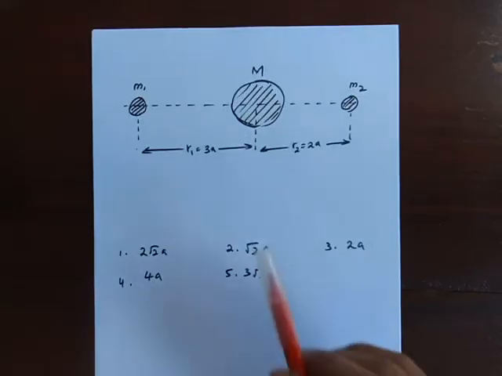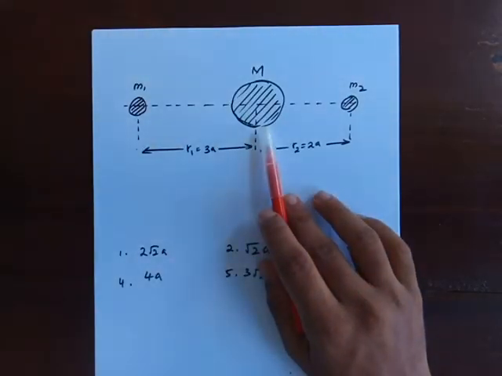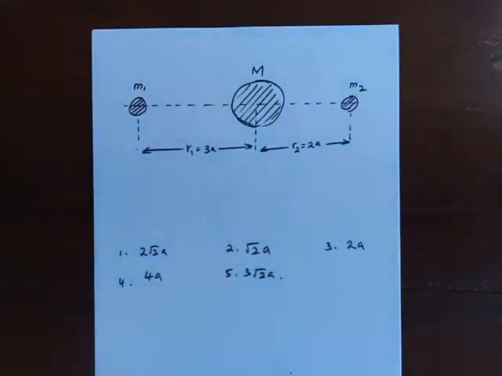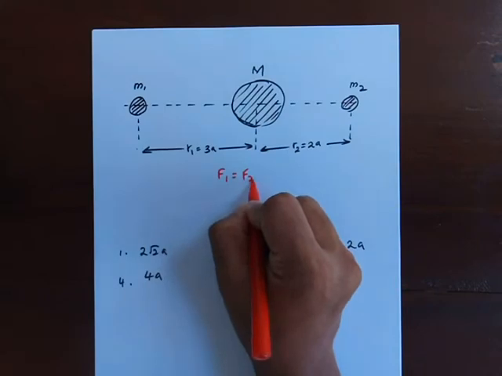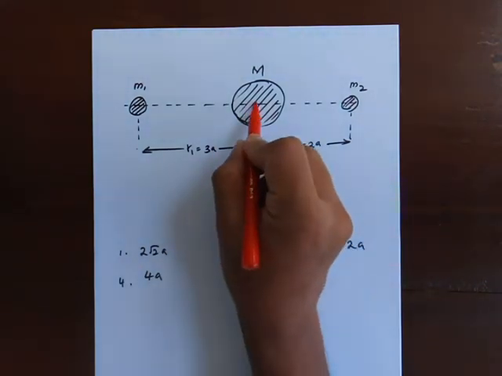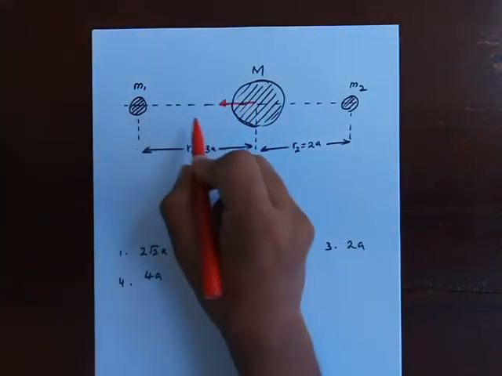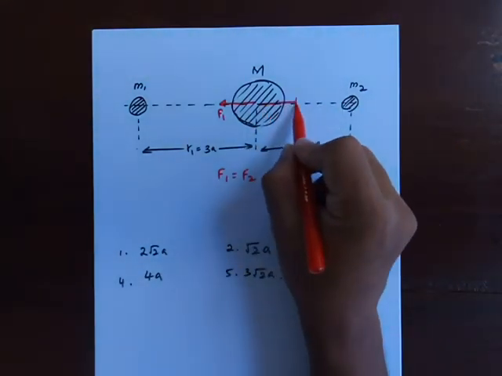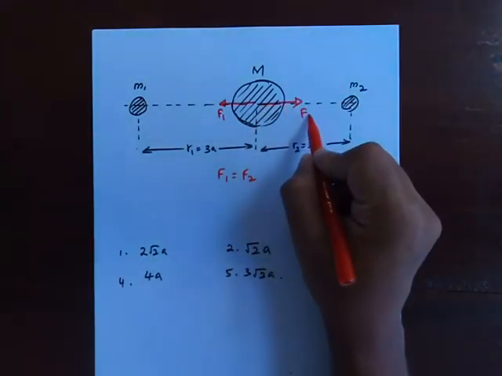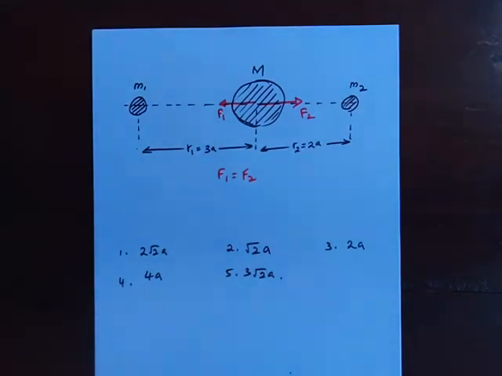It says this mass m is in equilibrium under the influence of these two masses. Therefore, I can write F1 is equal to F2, where F1 is the force acting on this mass due to this mass, and F2 is the force acting on this mass due to this mass M2.